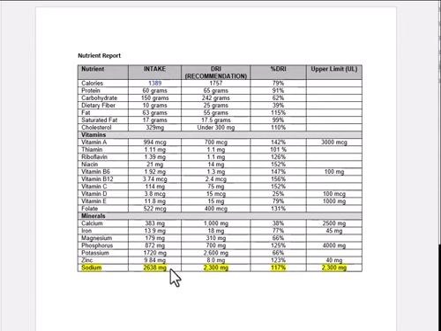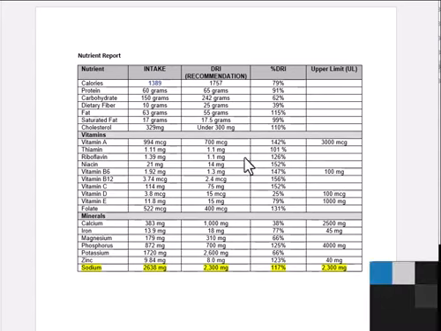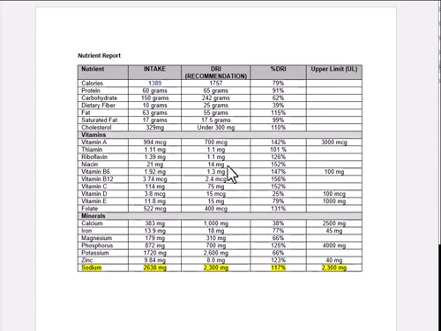For all of the other vitamins and minerals, we wanted to see somewhere between at least the DRI, but less than the upper limit. In this case, we need to see below both the DRI and the upper limit. So in this case, having 117% is a bad thing. So this person exceeded the amount of sodium that they should consume for the day.